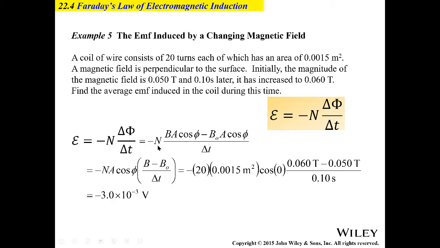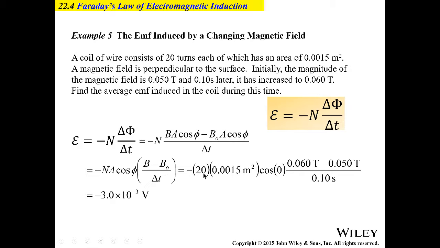The minus has to do with the way in which the induced current flows. And it is now BA cosine phi minus B0 A cosine phi, namely the final magnetic field and the initial magnetic field. Well, that just by algebra is minus NA cosine phi times (B minus B0) over delta t.